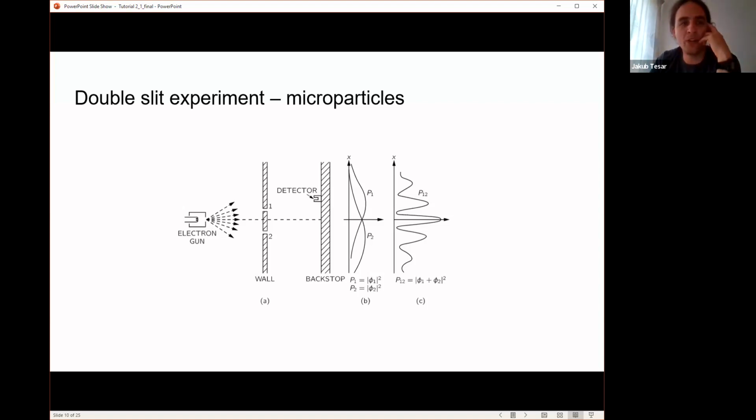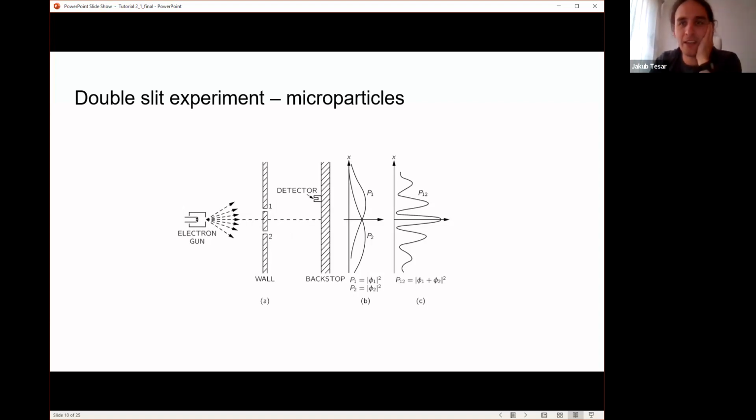One way you may think of it is that if you have lots of electrons, one goes to slit number 1, the second goes to slit number 2, and they will interfere somehow later on. But you can limit the rate at which you emit the electrons, and you can have actually only one electron in your device all the time. So whatever happens, the electron has to be responsible for all of this.